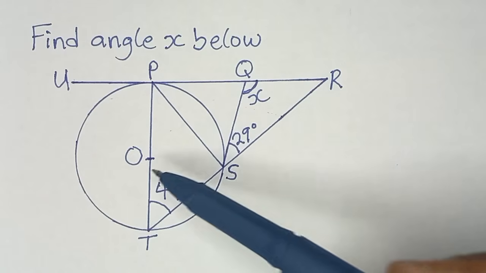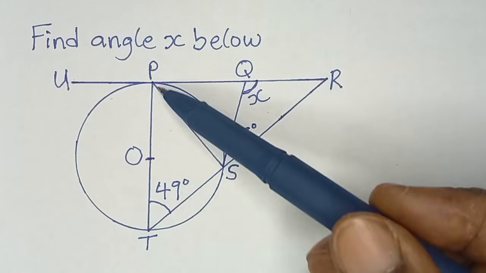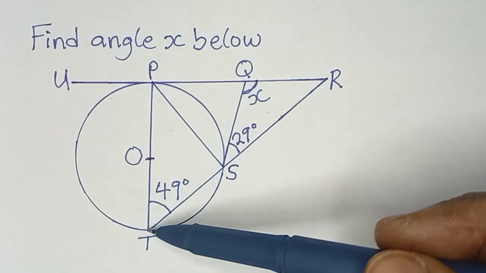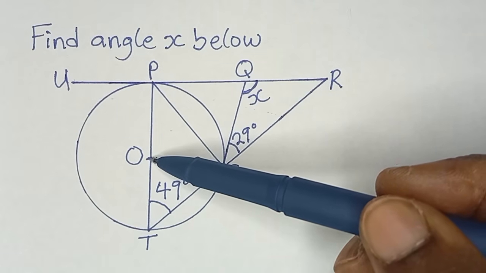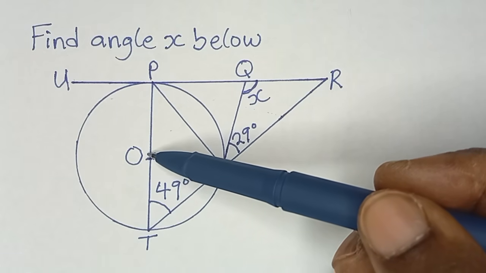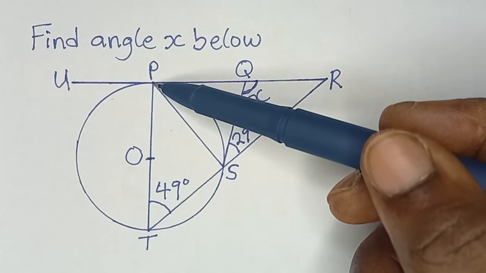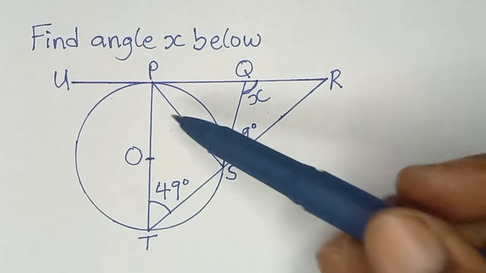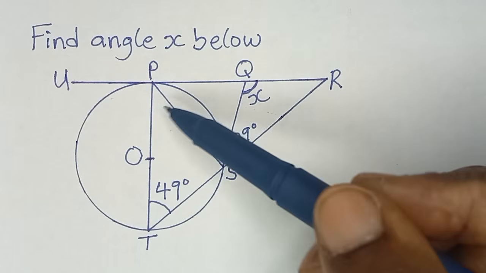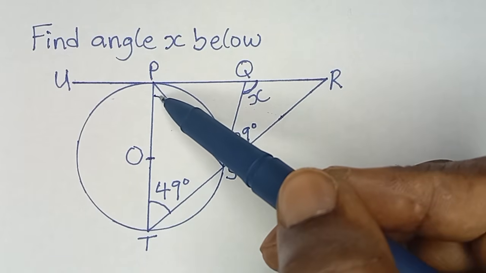Now, the theorem I want to use with respect to this diameter or a radius line is that anytime a straight line, whether it's a diameter line or a radius line, passing through the center of the circle and meets a tangent, the angle between that straight line and the tangent is always a right angle.